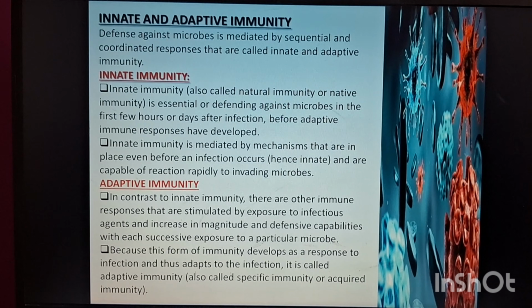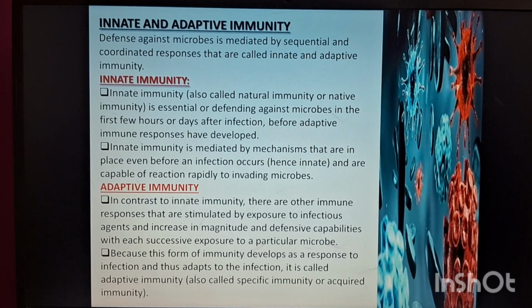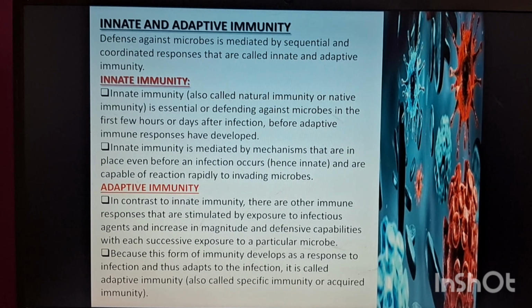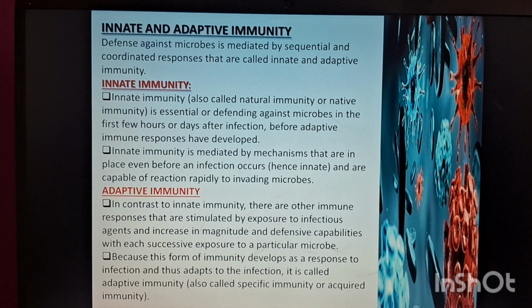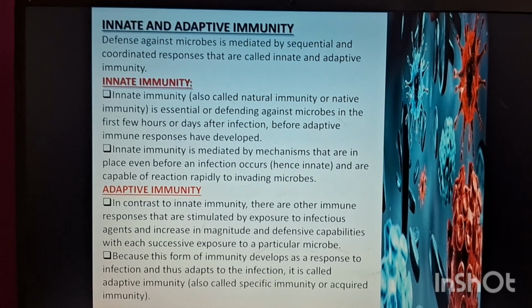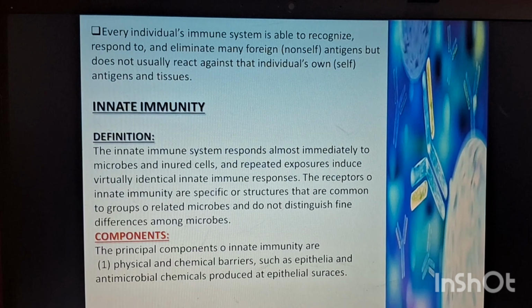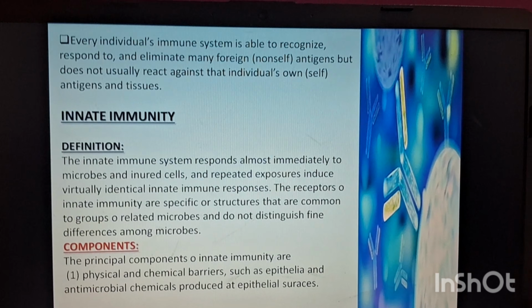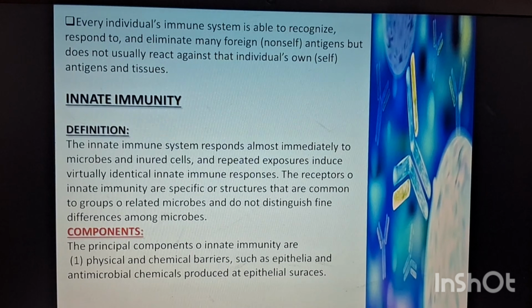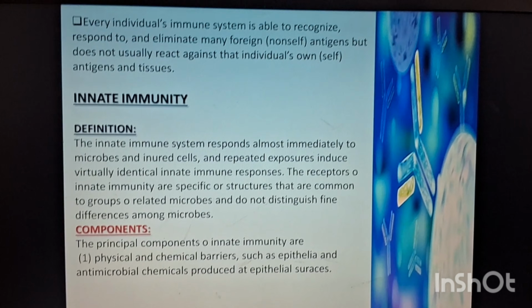Because this form of immunity develops as a response to infection and thus adapts to the infection, it is called adaptive immunity. It is also called specific immunity or acquired immunity. Every individual's immune system is able to recognize, respond to and eliminate many foreign antigens, but does not usually react against the individual's own antigens and tissue.